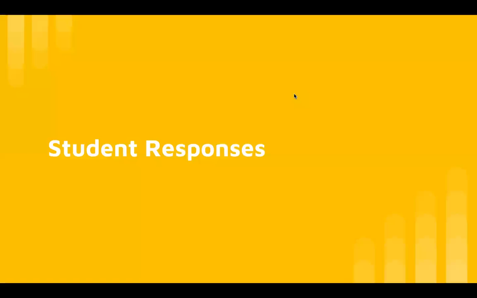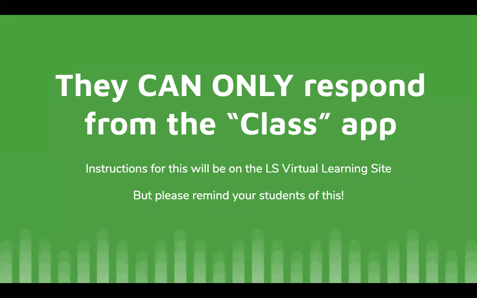Student responses can only be made from the class app. I feel like at this point we've pretty much covered with our families that the class app is where they're going to interact on Seesaw, and the family app is just a viewing portal.